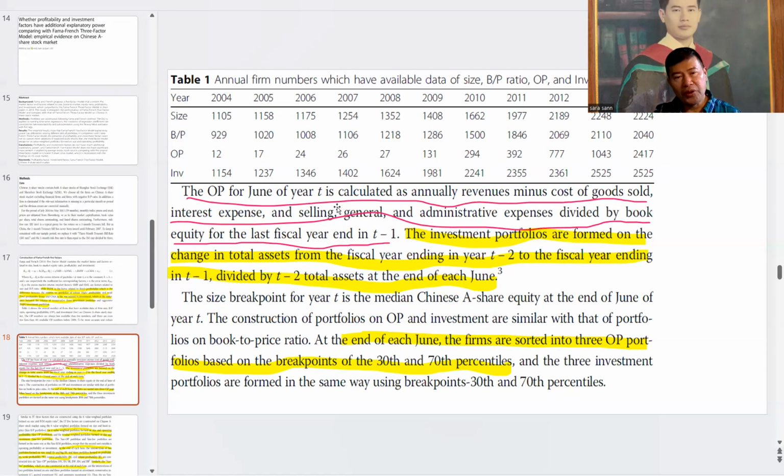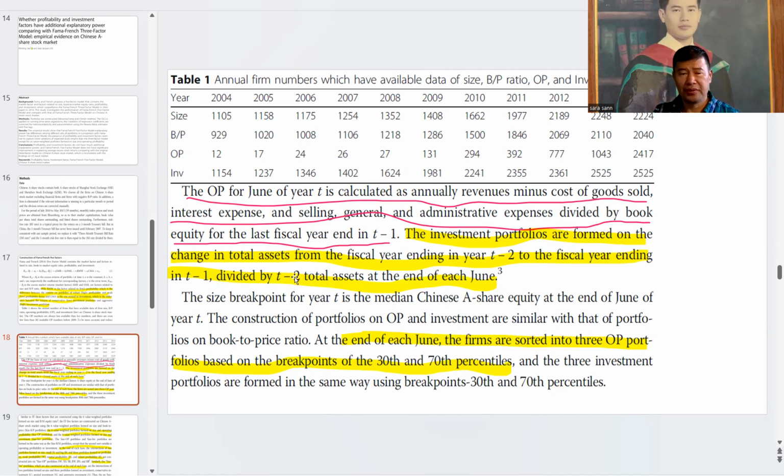Before you go there, the author identifies the definition of what he is going to do to form a portfolio. Operating profit, I already explained, is earnings before tax. And the investment portfolios are formed on the change in total assets from the fiscal year ending in year T minus 2 to T minus 1, divided by total assets at T minus 2.